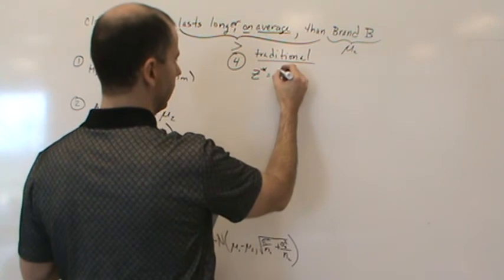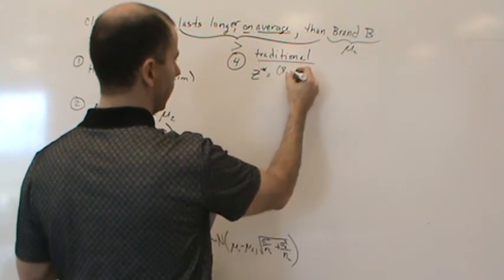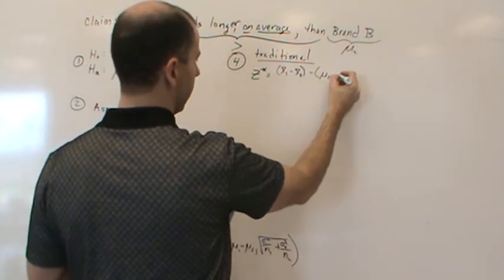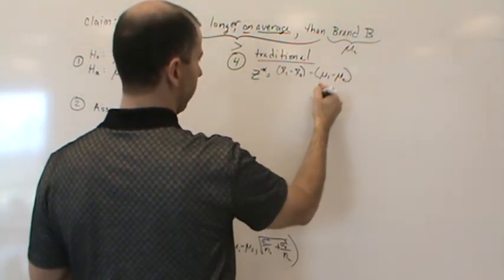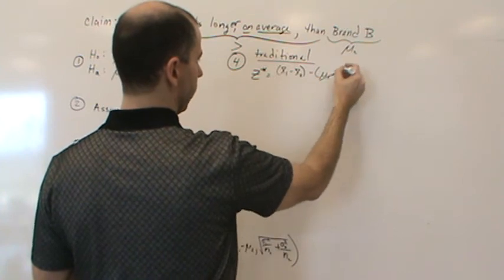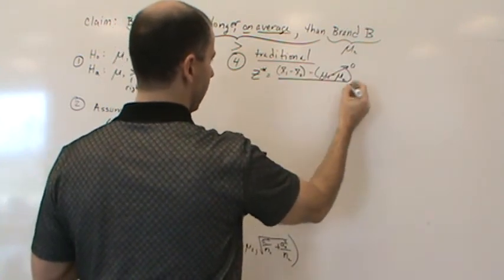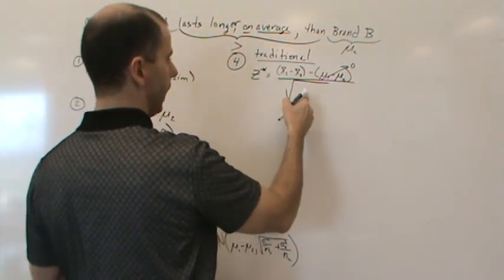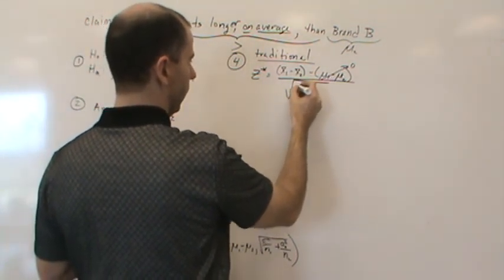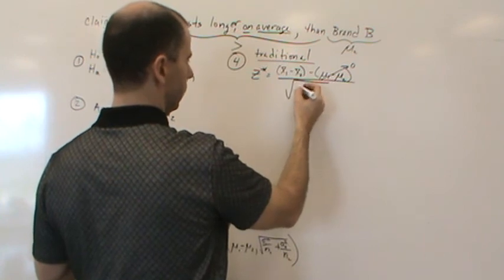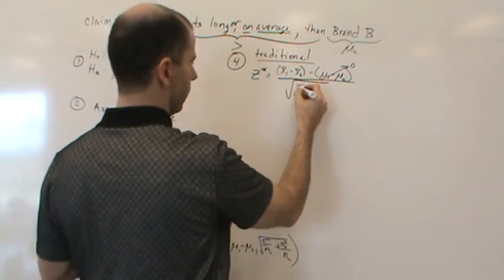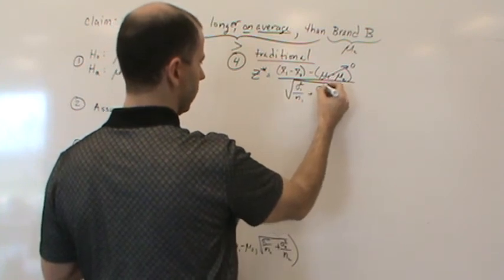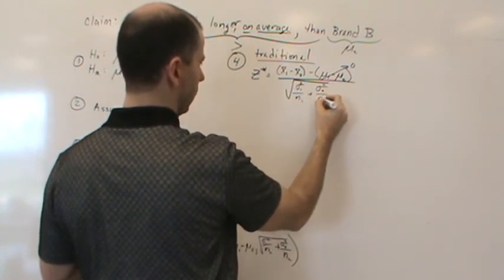So this is going to be x bar 1 minus x bar 2 minus (mu1 minus mu2), but of course, because under the null this is 0, that's going to drop out. And then this is going to be the standard deviation for both populations, so it's going to be the square root of sigma 1 squared over n1 plus sigma 2 squared over n2.